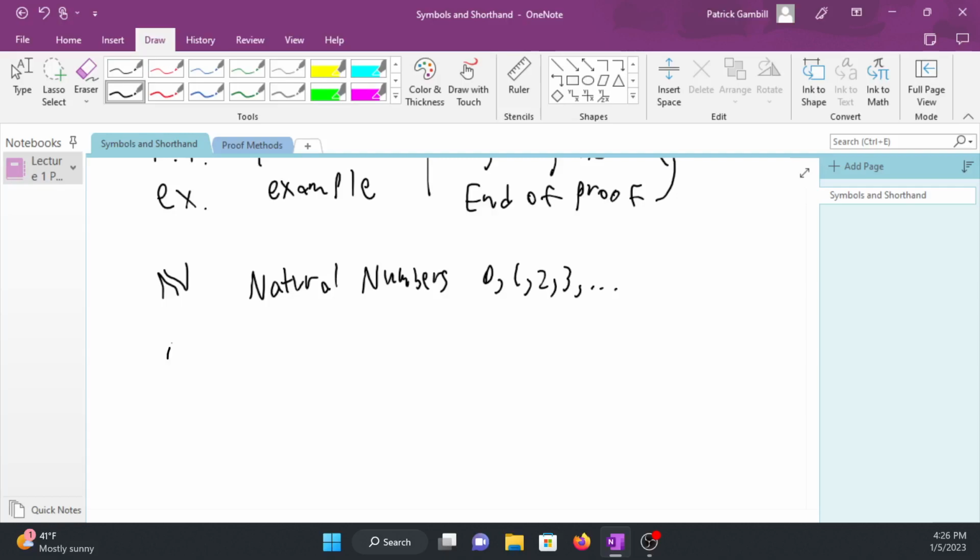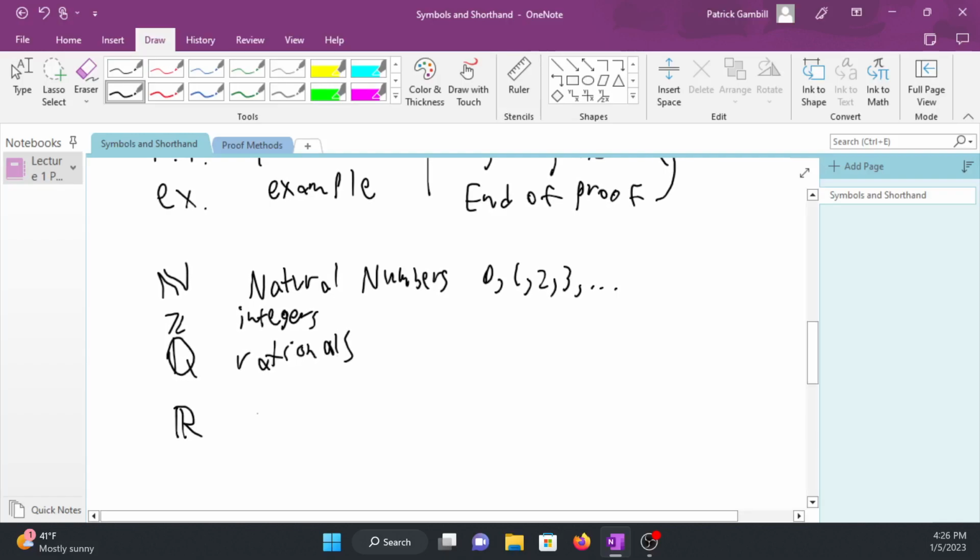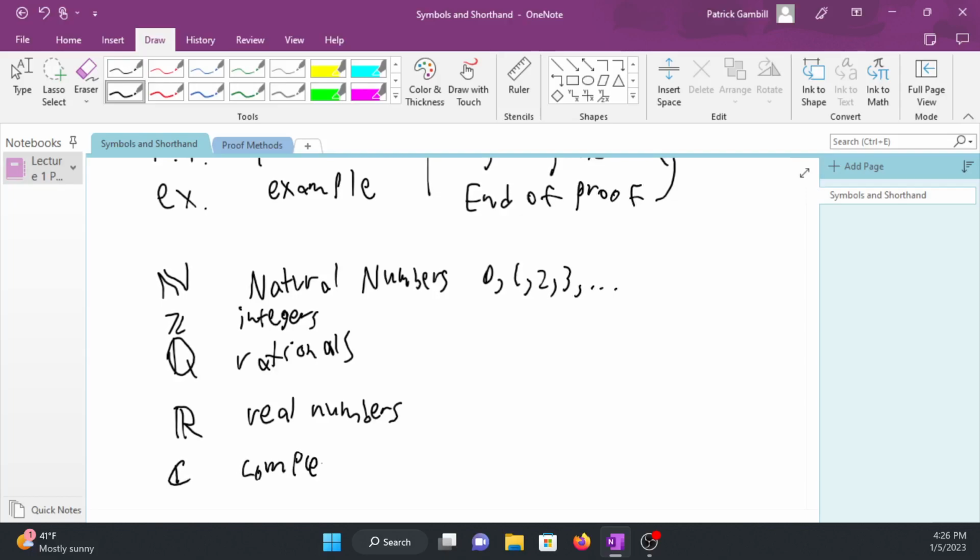We will also see Q and Z, Z being our integers, Q being our rationals. We will see our bold R here, this is the real numbers. And we'll see this C with the line, this will be our complex numbers.